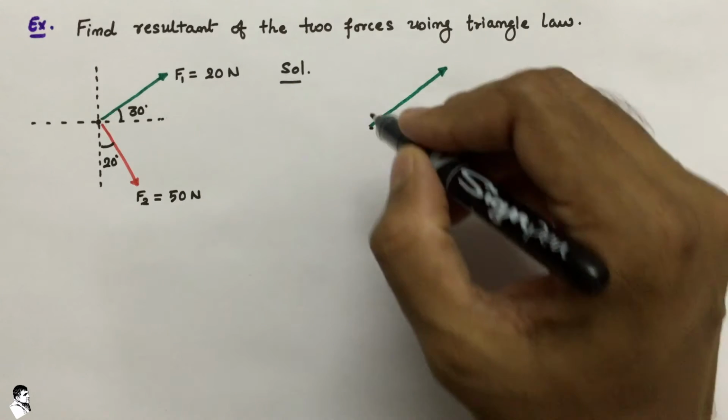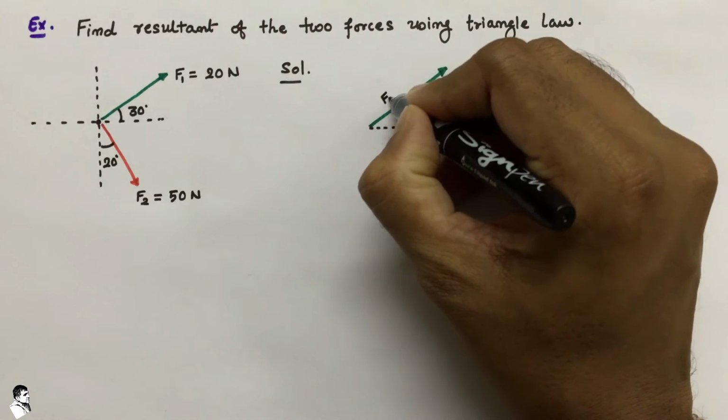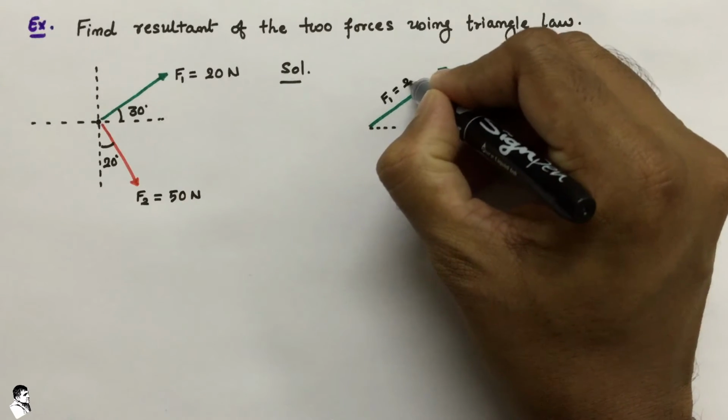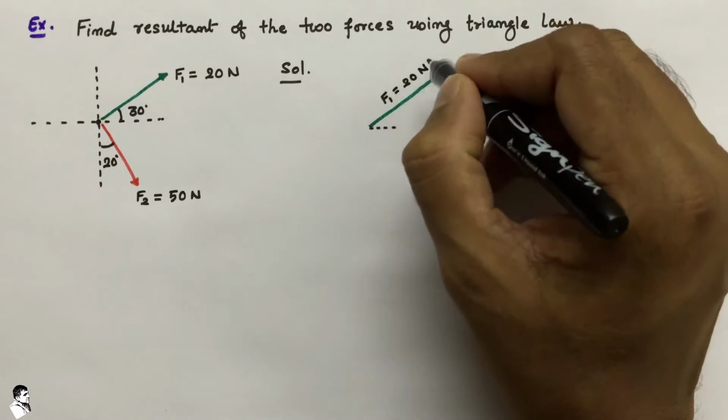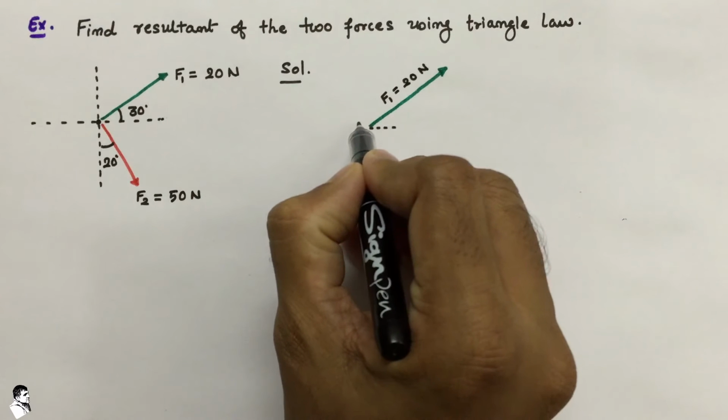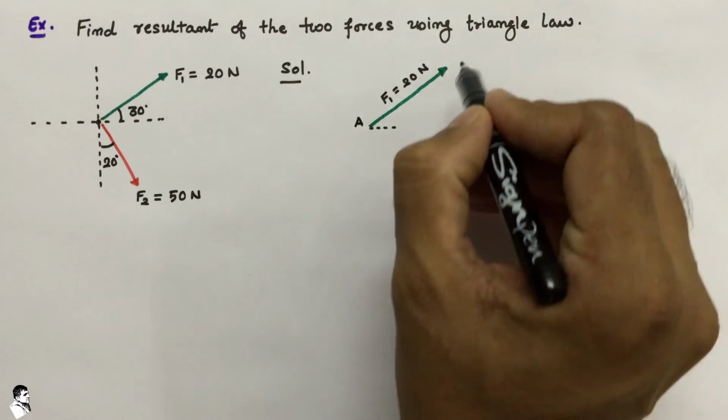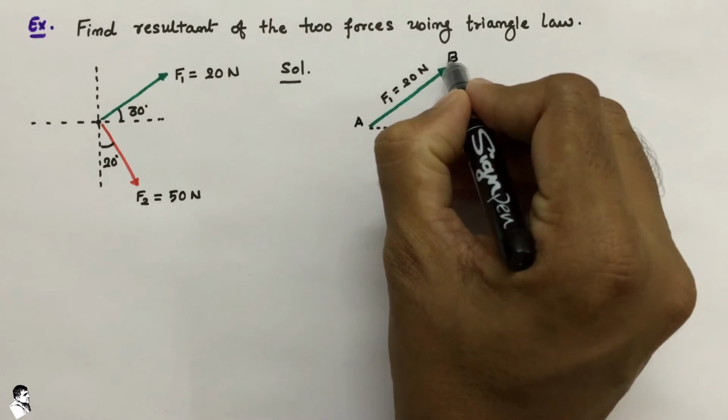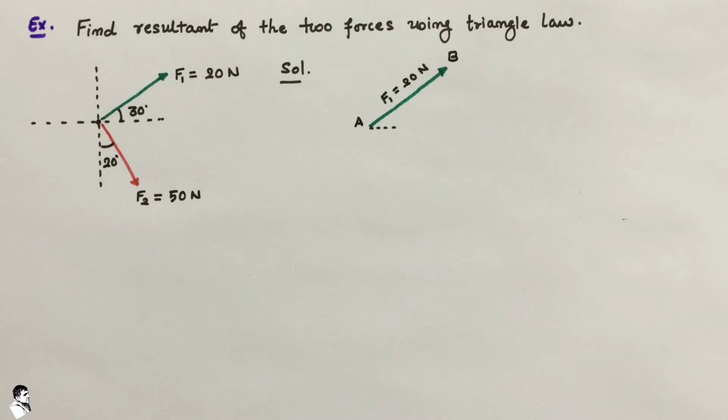So this is our force F1 in this particular direction. We write down here F1 is equal to 20 Newton. Here we consider point A, and at the end this is point B.